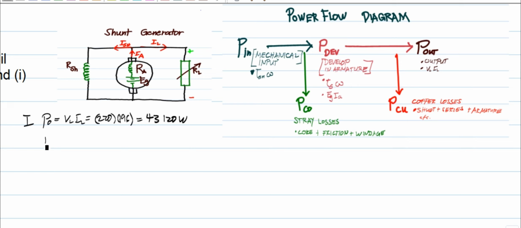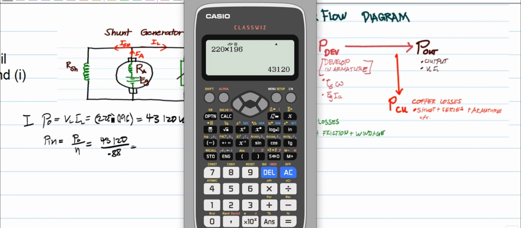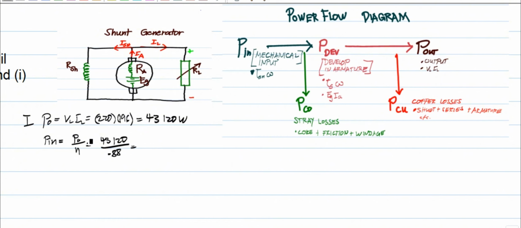The input is equal to P out over efficiency, which is 43,120 divided by 0.88, which is about 49,000 watts.